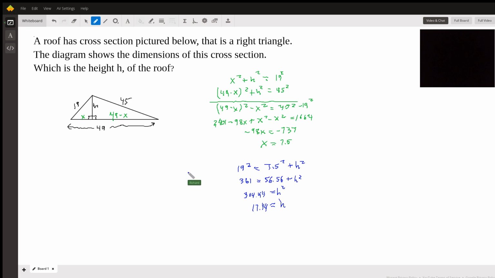So we found this is 7.5 here, and we found h is roughly 17.5. And it looks believable. Obviously, I'm not drawing this to scale, but it seems like a reasonable number, 17.5.